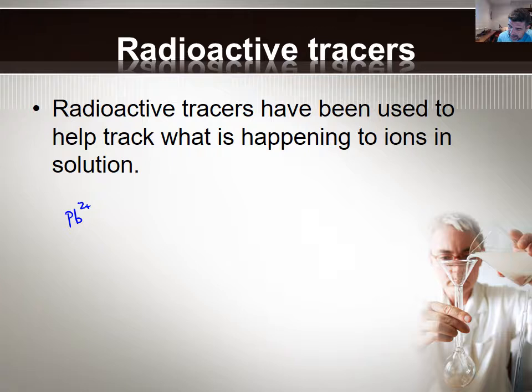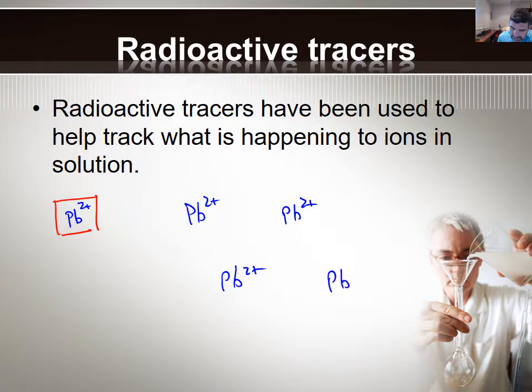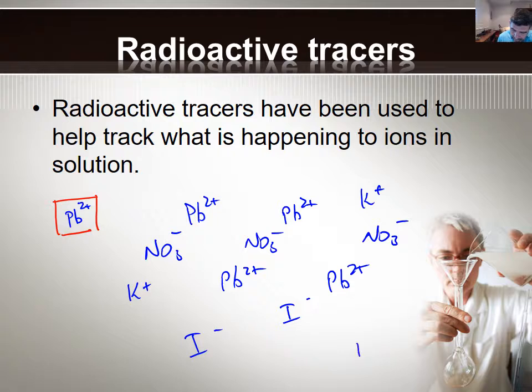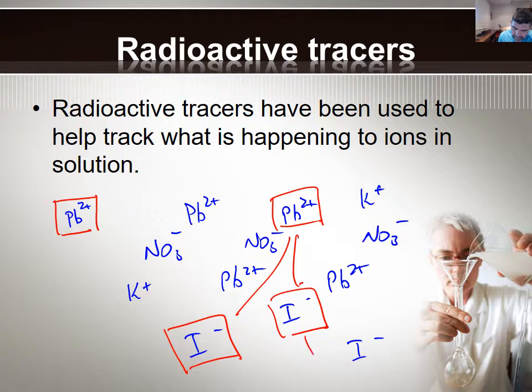And if we have a radioactive form, then we can track what's happening as the lead ions in the solution mix around with potassium ions, nitrate ions, iodide ions, and so on. And what we can see is that these little radioactive tracers will actually start to form with the cations as they precipitate out.